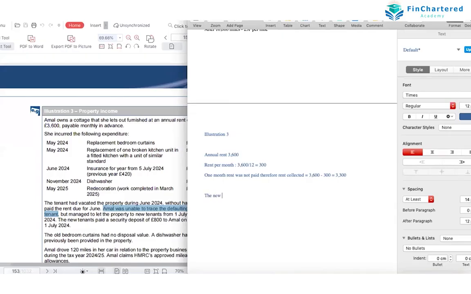The new tenants paid a security deposit of $800, but a security deposit is a refundable amount, so this is not something that we will take into consideration.